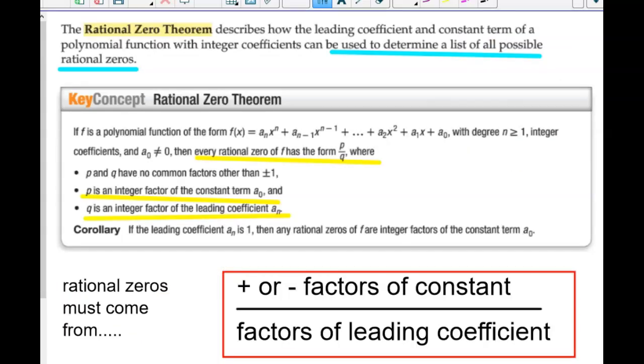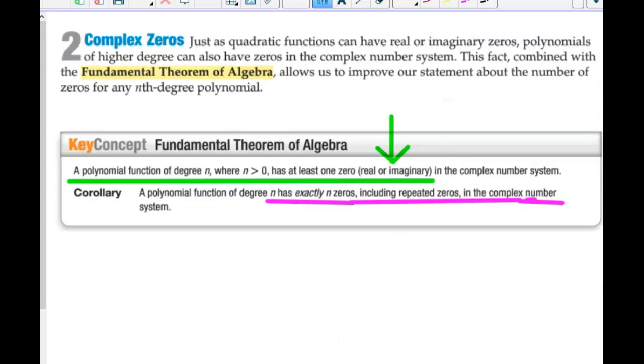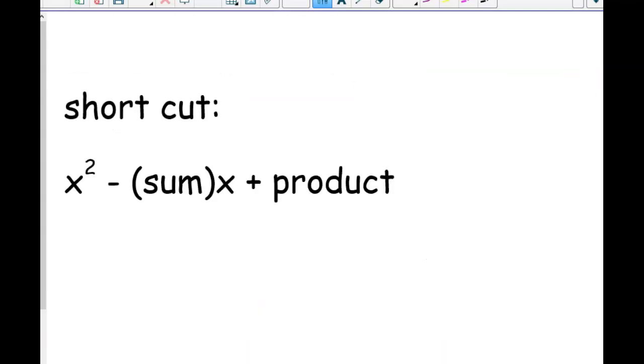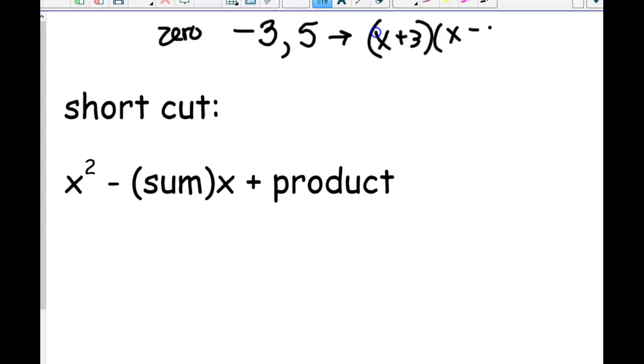All right, before I go any further, I want to do a warm-up today. I think I have a slide that would help. Right here. If you knew the zeros were -3 and 5, can anybody tell me what the factors would look like? X plus 3 and x minus 5, good job, okay?